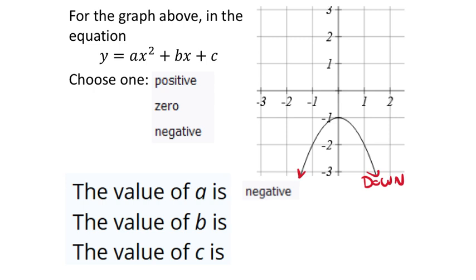This one is where my B, again, I'm concerned with the y-intercept, which is here. That is at 0, -1. And since that is also the vertex on this problem, the y-intercept equals the vertex, then I know that B would have to be 0.